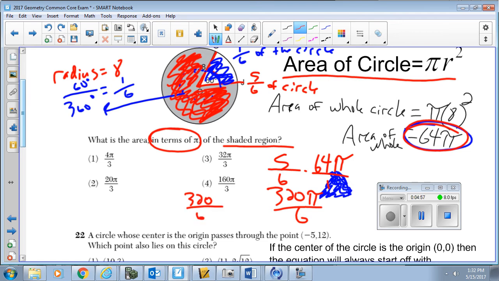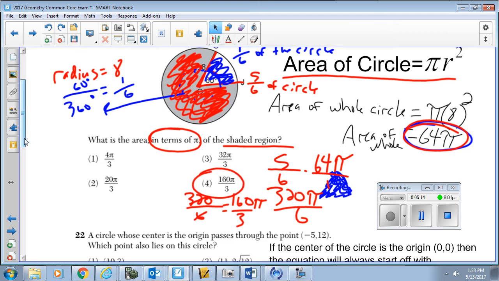Remember 2 goes into both those, so 2 goes into here 3 times, and 2 goes into 32, 16, add the 0. So we really have 160, don't forget the pi, so 160 pi over 3. That is the area of the shaded part. All right?